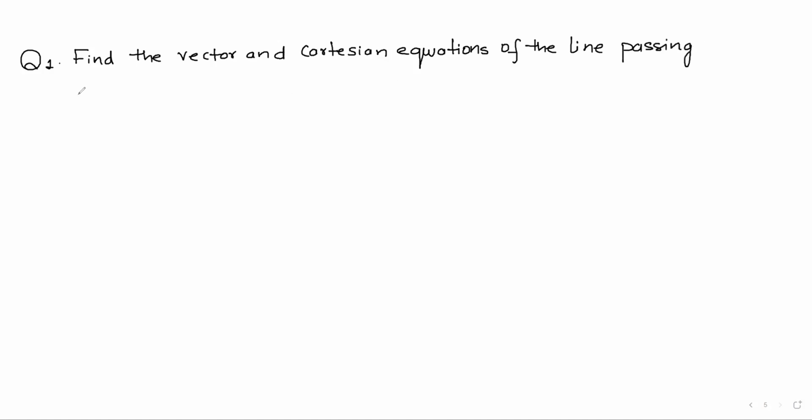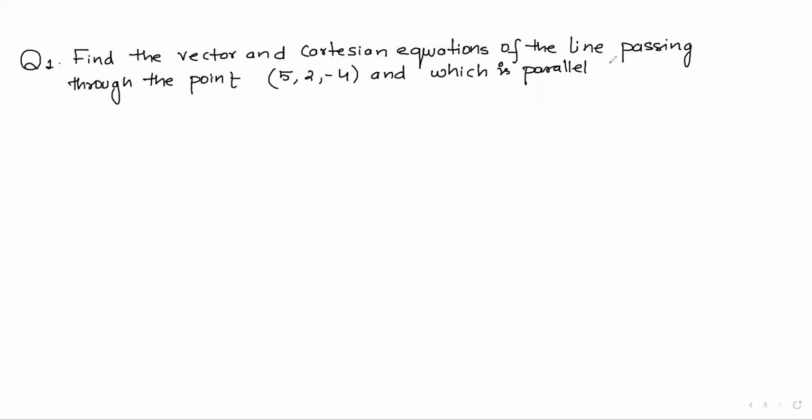Find the vector and Cartesian equation of the line passing through the point (5, 2, minus 4) and which is parallel to the vector 3i cap plus 2j cap minus 8k cap.